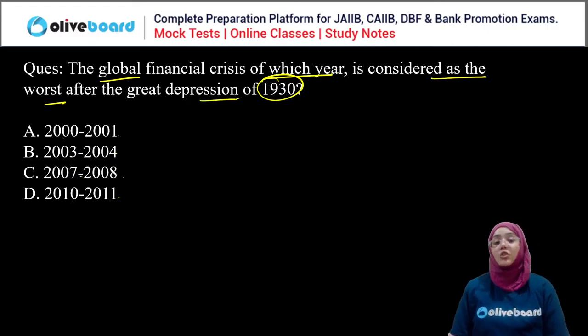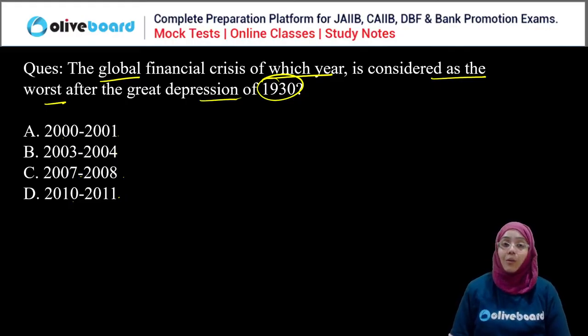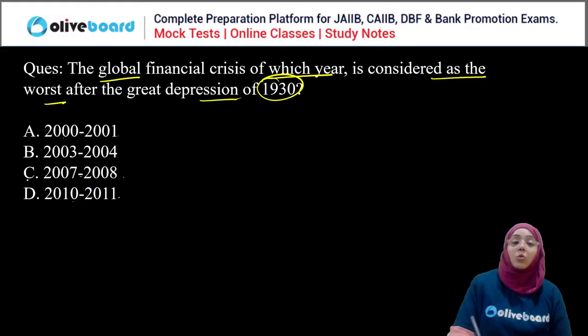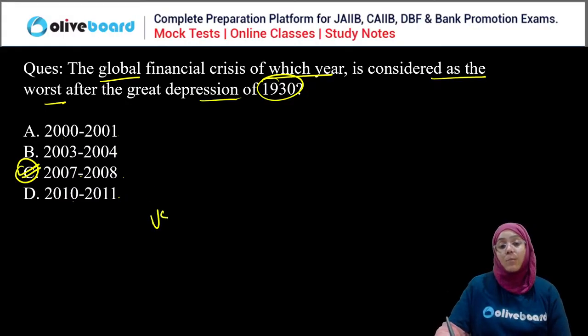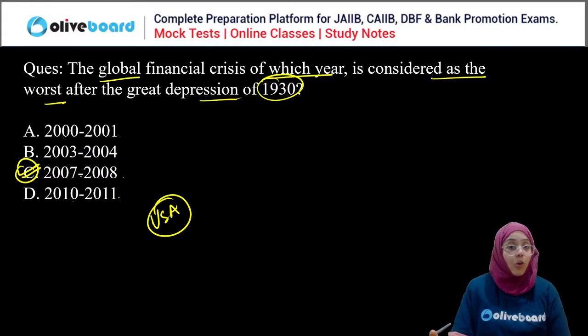So the correct answer is what? Yes, obviously 2007 to 8. This actually started from USA and then it spread to all parts of the world, right? And it is considered as the worst financial crisis after the Great Depression of 1930. So yes, C is the correct answer.